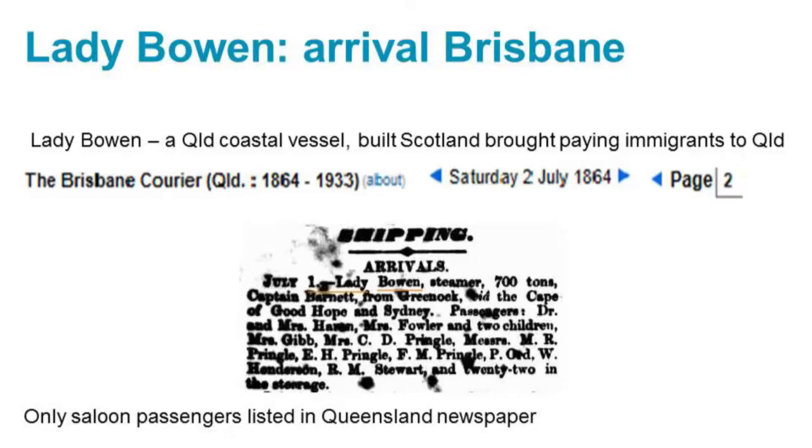We're particularly going to concentrate on the Lady Bowen. This arrived in Brisbane. It was a Queensland coastal vessel, but its first voyage out here, because it was built in Scotland, it brought paying immigrants to Queensland. Now, the list that's available in Queensland is, of course, just a newspaper list.